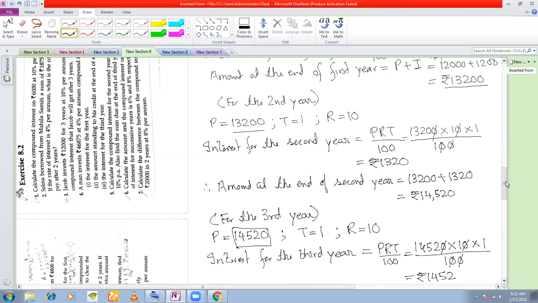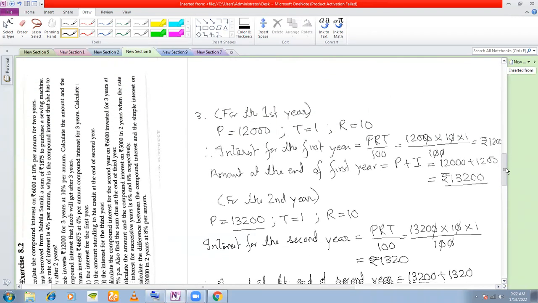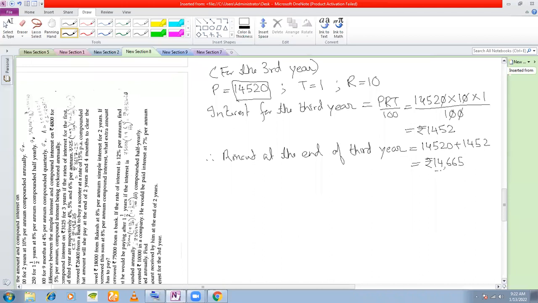But they've also asked you to find the amount and the compound interest. So this is your amount. Hence, what is the compound interest at the end of third year? It is equal to the amount minus principal.